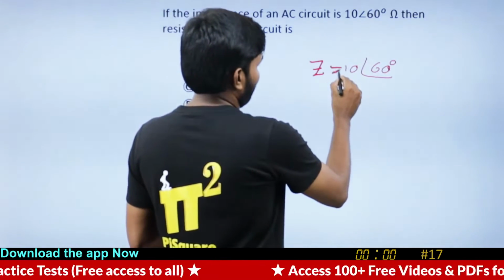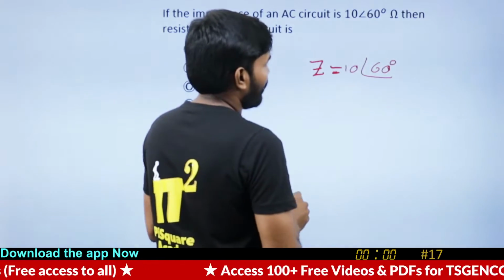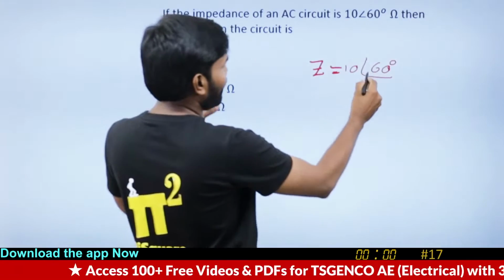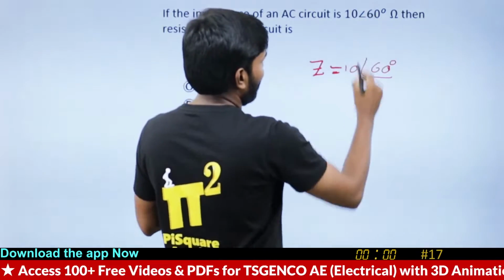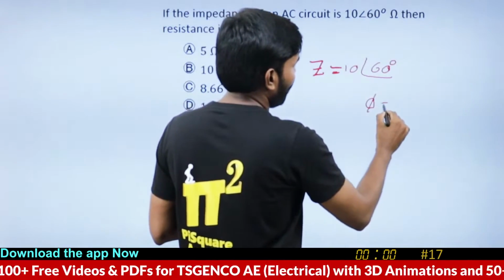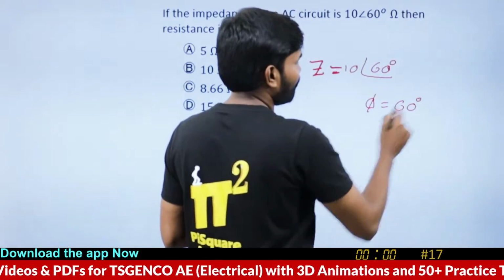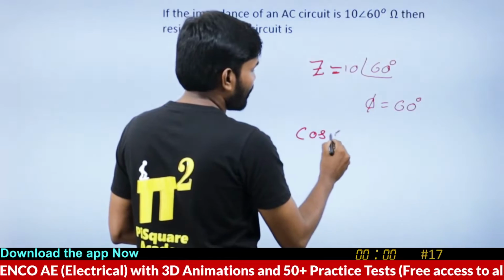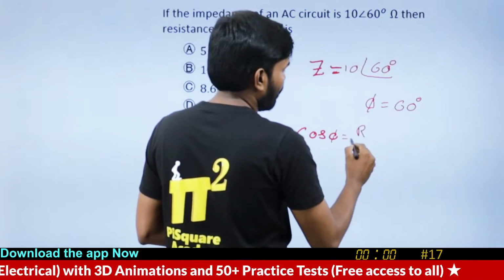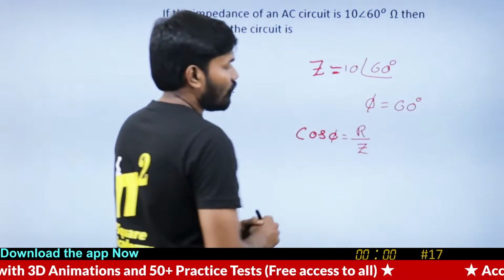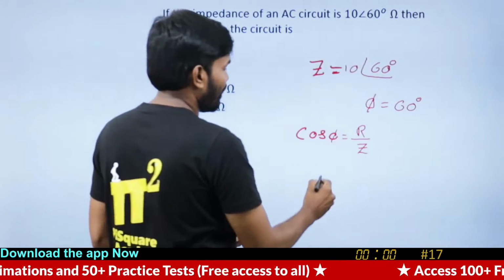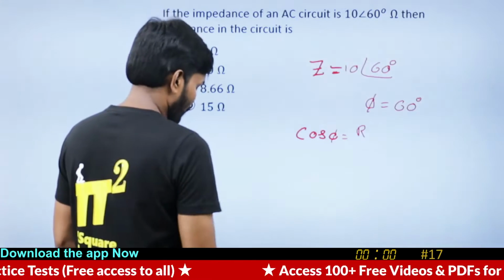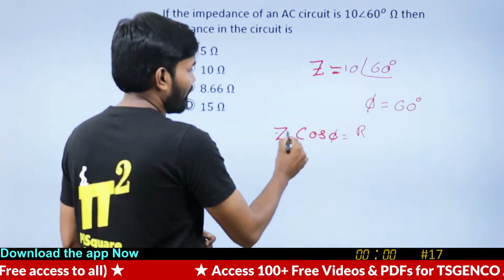how to find out the resistance? It's an easy one. This circuit's impedance is this much, which means the power factor angle phi is also 60 degrees. So you know cos phi is equal to R by Z. Simply, R is equal to Z cos phi.